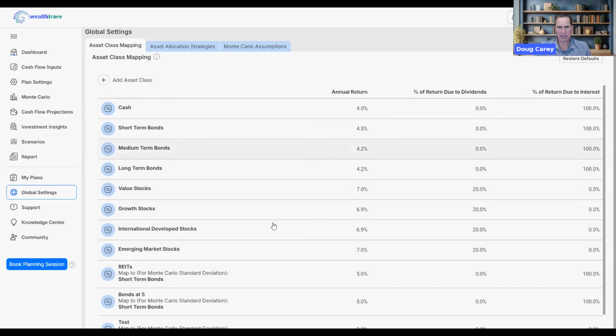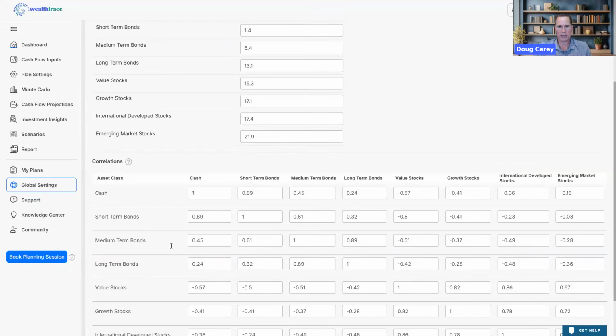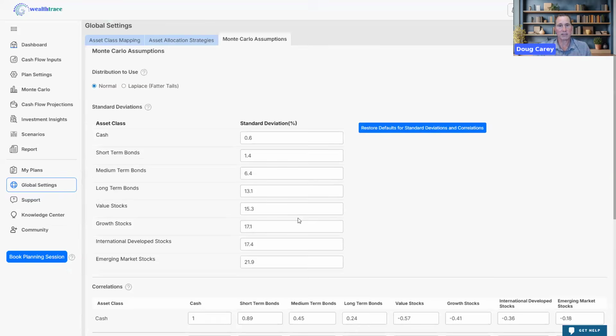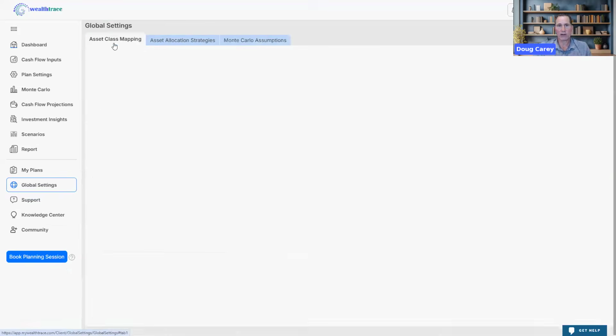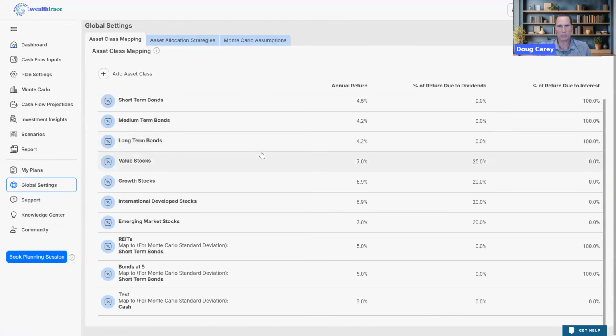These are my own, I changed these, but it will map at the holding level. And then when we're running Monte Carlo, we look at every holding's annual return. But more than that, we look at the historical volatility, what we call standard deviation, as well as correlations amongst the different asset classes. So that's how we do it. It's a lot going on behind the scenes, but it makes it all much more accurate.